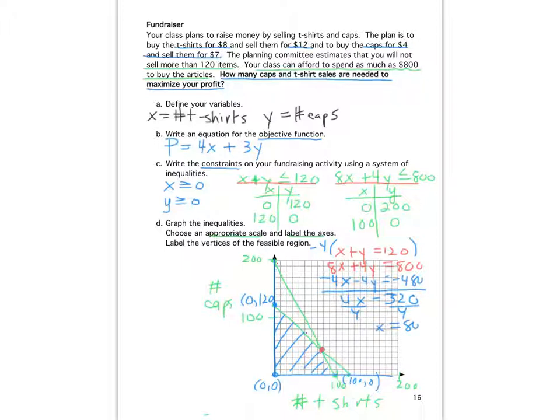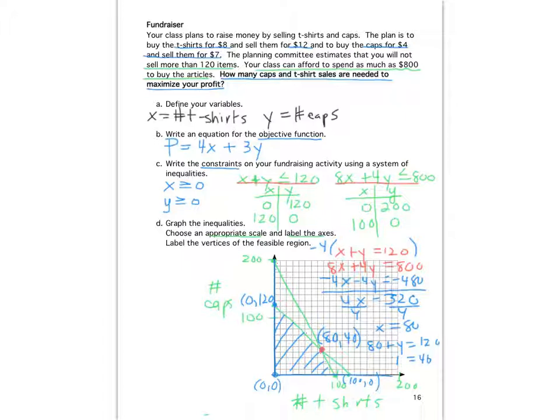All right, plug that back into the first equation. 80 plus y equals 120, and I get my y equal to 40. And now I can say that I've got my last vertex point. I've got a point at 80, 40.